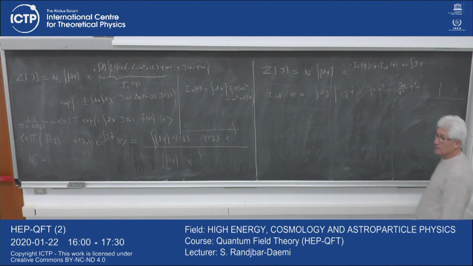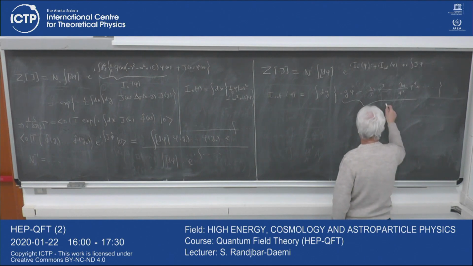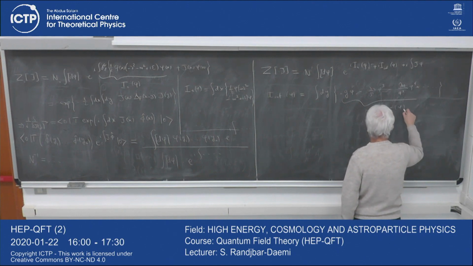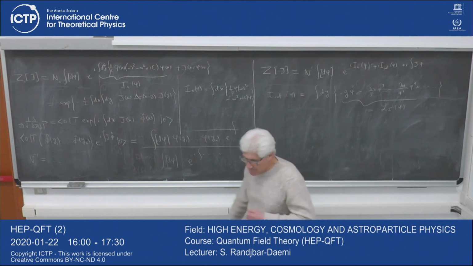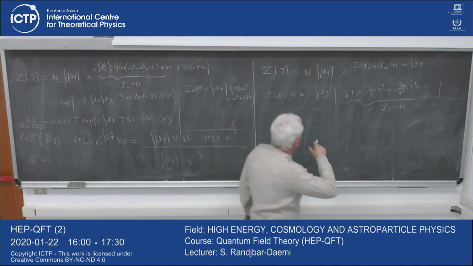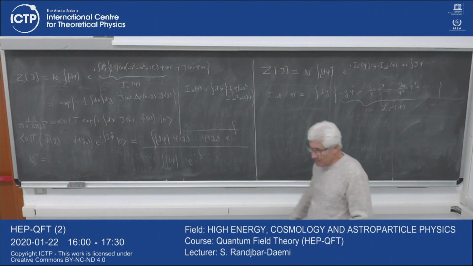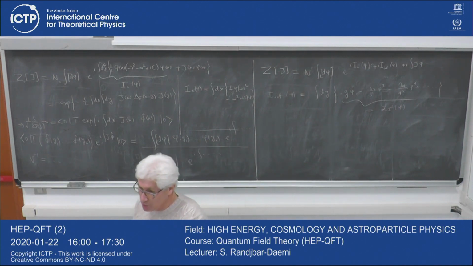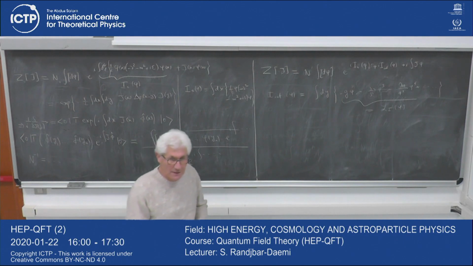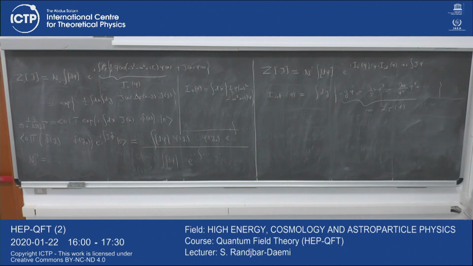You can add whatever you like. Okay? Polynomial in phi. And this object here will be called L interaction of phi. Okay, so we would like to see how we can evaluate an integral of this type. As in there, eventually we will not evaluate any integral at all. We will just manipulate the relations in such a way that the result will simply come out. Okay?